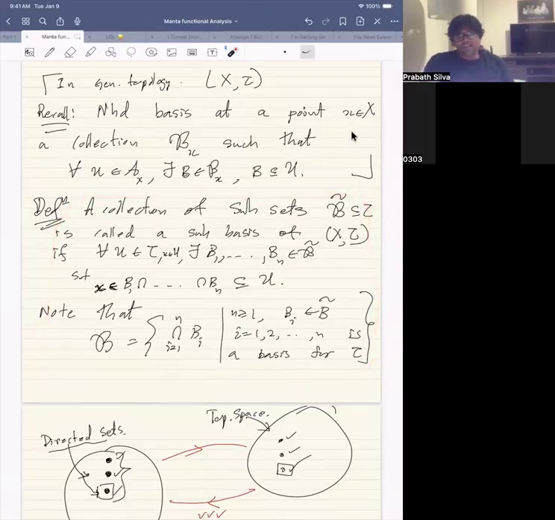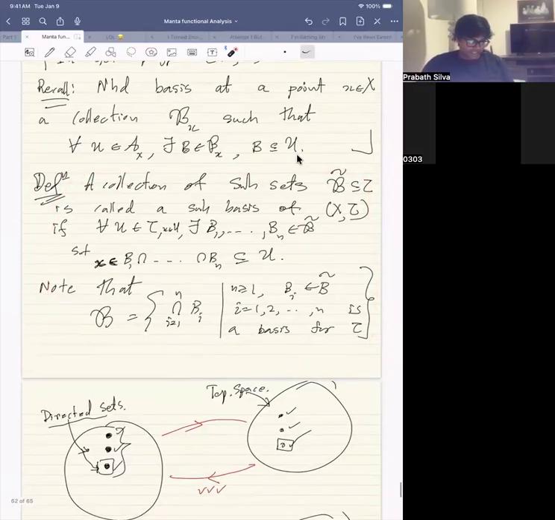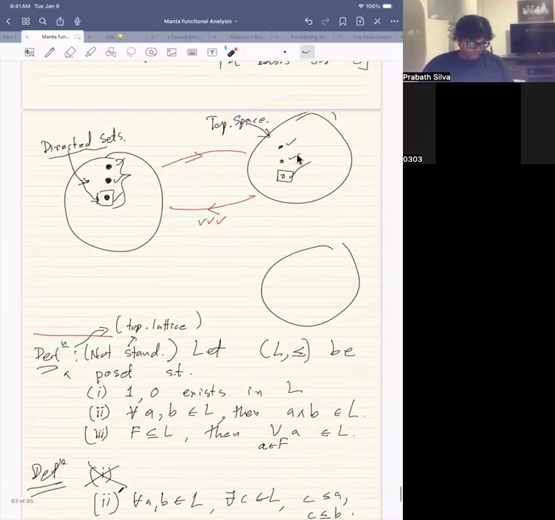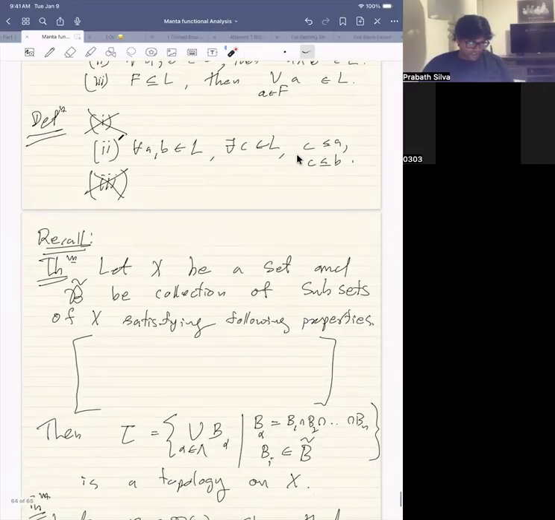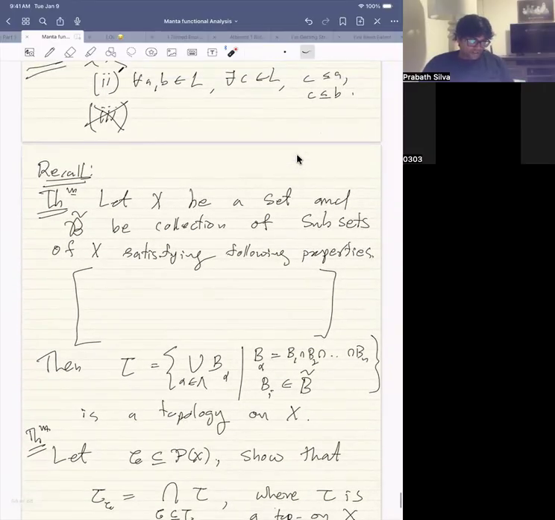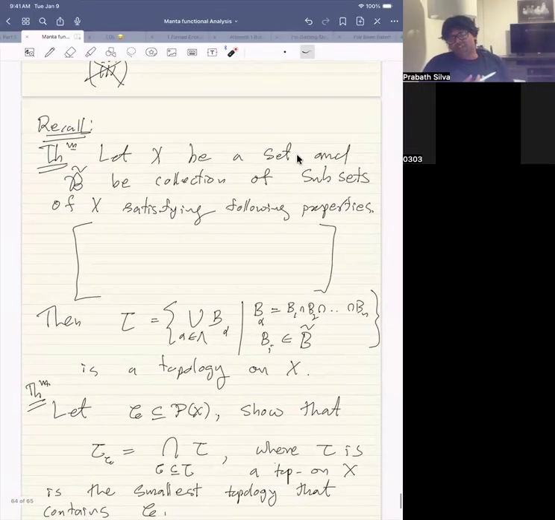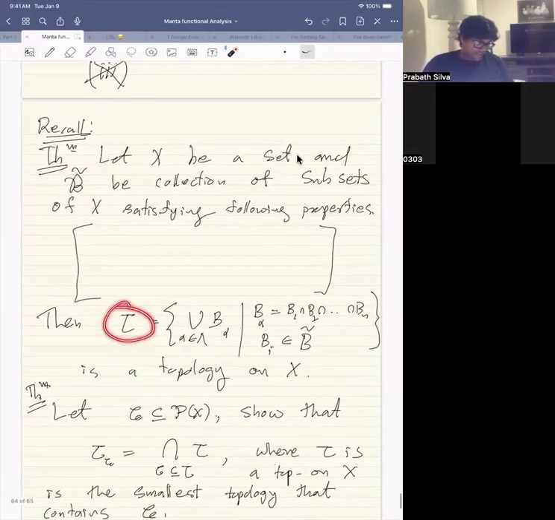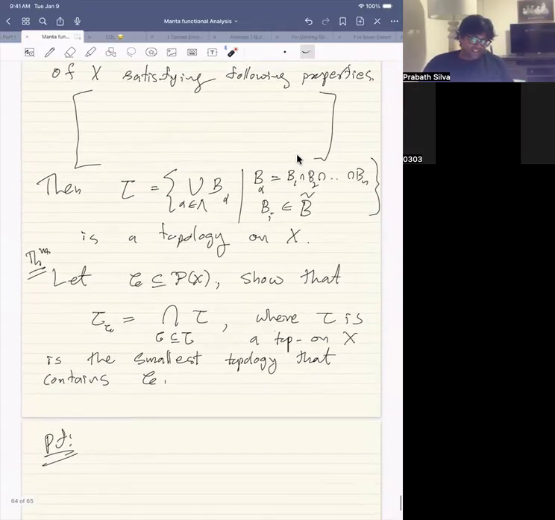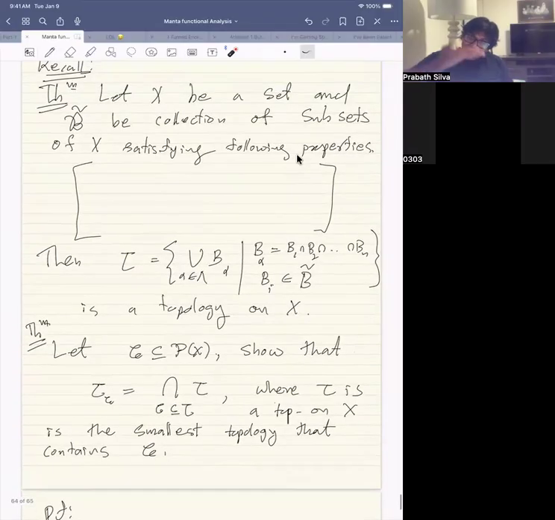Okay, so we have a particular way of constructing it. So what we're saying is, if we take some collection like this B delta, you can easily show that this tau is equal to tau of B delta. But not only that, we can actually describe the elements in here.